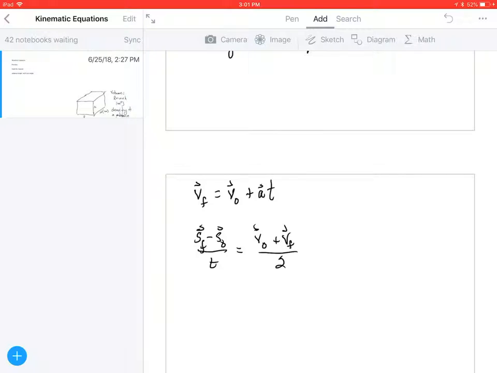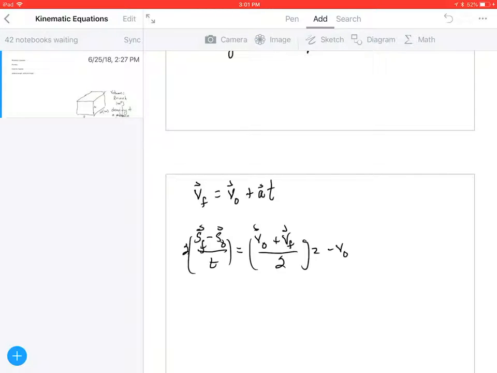Now in this particular case, I can find the final velocity again by doing a little bit of rearranging. What that pretty much means is I can multiply both sides by 2, and I can also add a negative initial velocity to get the final velocity by itself.